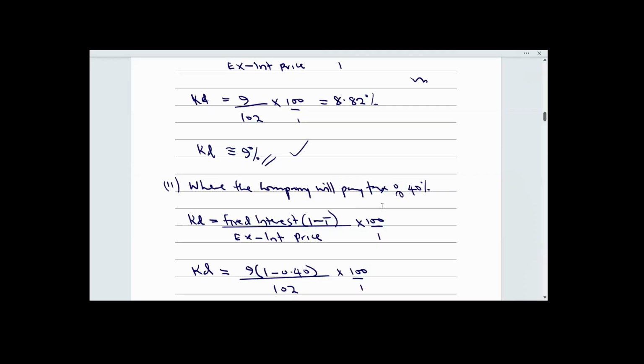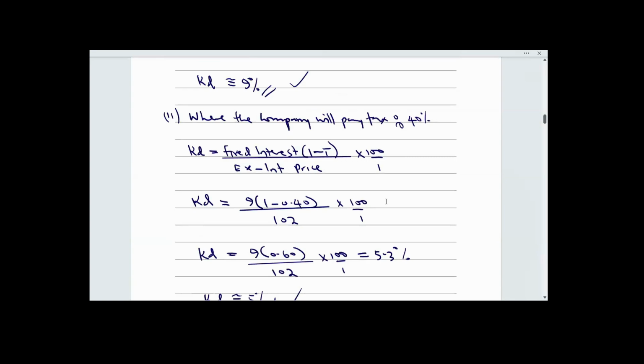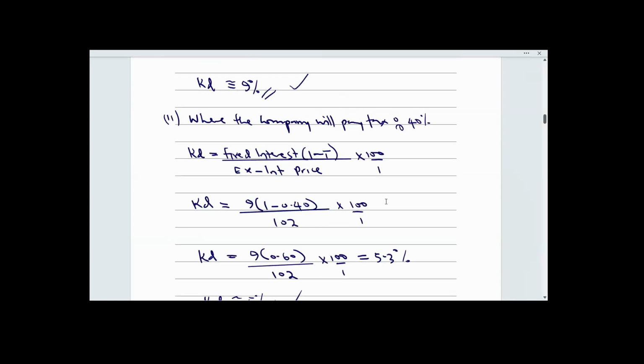Now that there is tax, the cost has reduced to approximately 5%. And that's why we are saying that debt is a cheaper source of financing because of tax deductibility benefits. So as a result of tax benefit, the cost has reduced to 5 from 9%. All right. So that is what the examiner wants to test in this particular question. Let me know if you have any question for me before I switch.